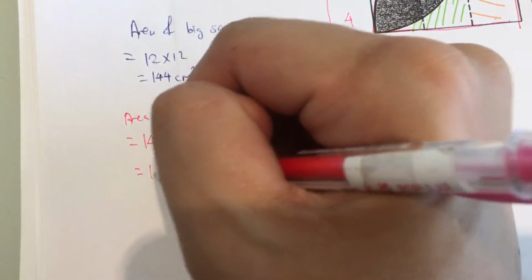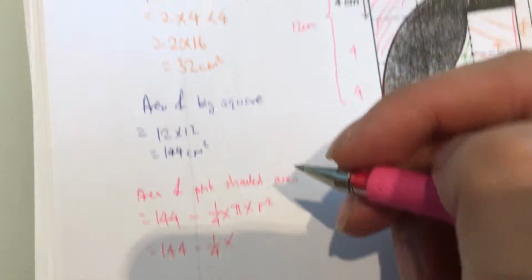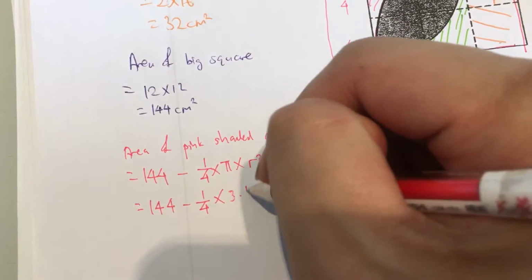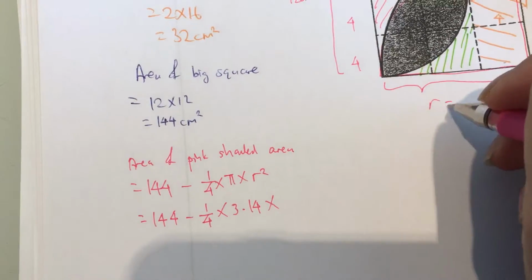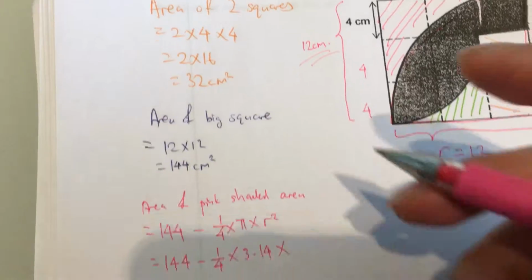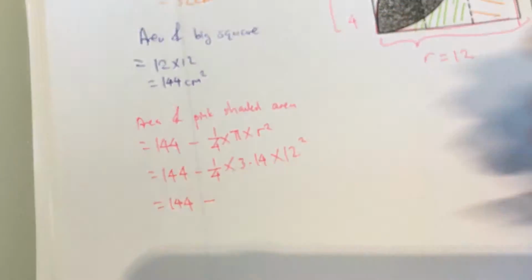So we have 144 minus a quarter times 3.14, using what is given, times the radius, which is 12 from here as well, so 12 square.